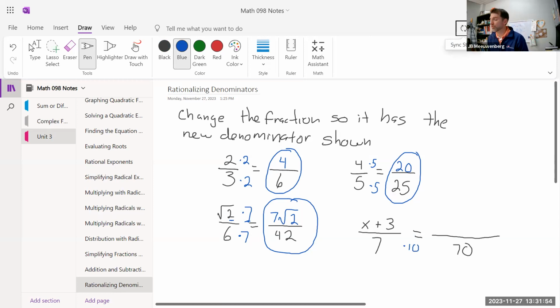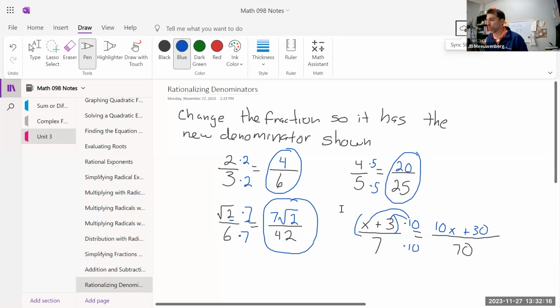So we have to multiply the numerator by 10. But we don't want to just write it like this. We need to distribute that 10. We need to multiply the whole thing by 10, not just one of the terms. So this would be distributed to be 10x plus 30 over 70, multiplying 10 by both terms.